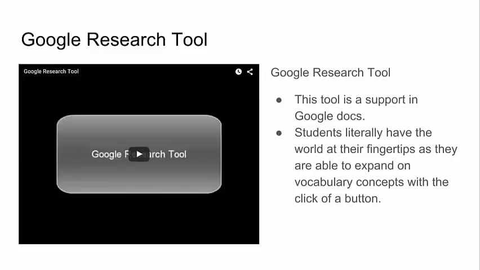It's very useful. It reminds me of Instagrok that we looked at a little bit earlier, only it does not present the information in that nice web option. But with that said, take a look at the video, and I think that you'll want to have the Google Research Tool at your fingertips as well.